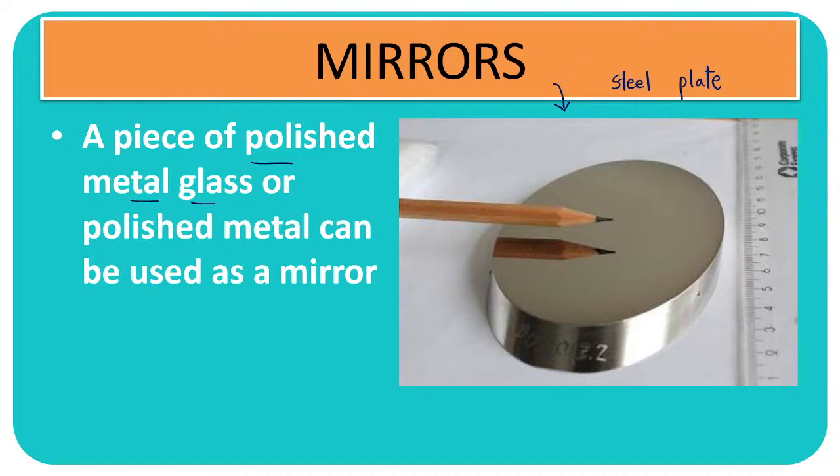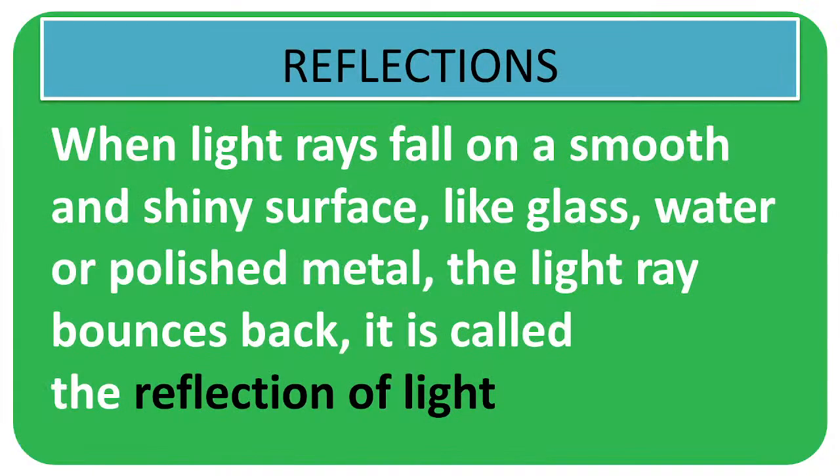You can see yourself, it is acting as a mirror. Why? Because it is very smooth and it bounces back the light. Whichever light falls onto that surface, it bounces back, and this property of light is known as reflection.